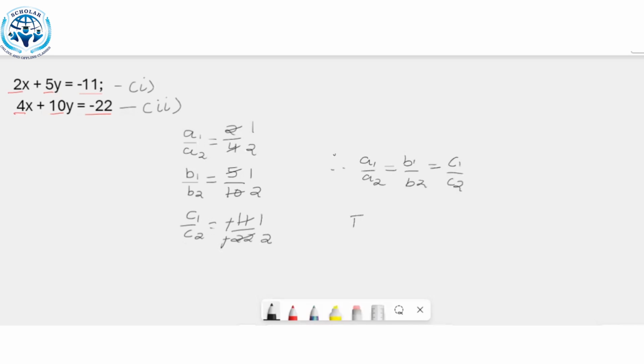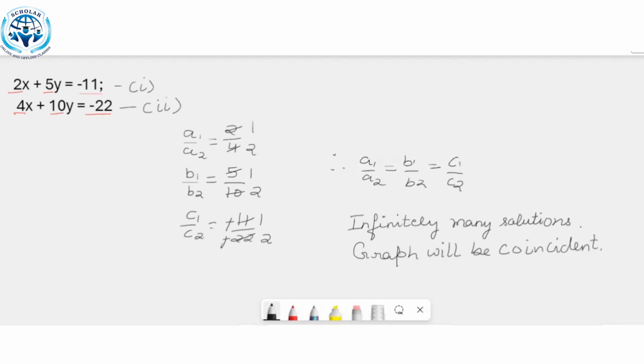And what does it mean? Yes, the pair of equations, when plotted on a graph, will have infinitely many solutions. So the graph will be coincident. That means the lines will fall one over the other, right? So all these inferences are given by the coefficients.